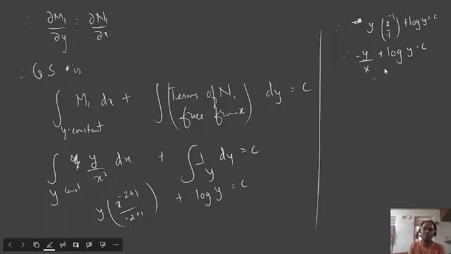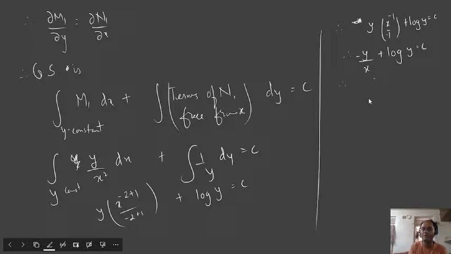Now you can keep this way also, or if you want you can do a bit of simplification, not much, but this is your final answer. You can just manipulate a bit more if you want.